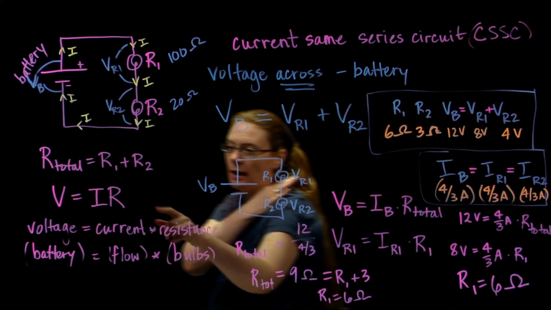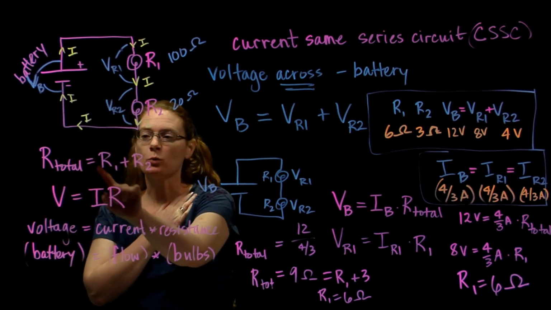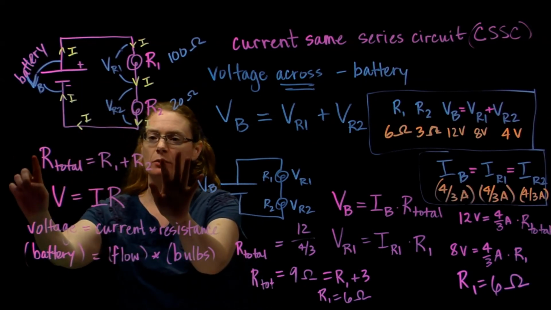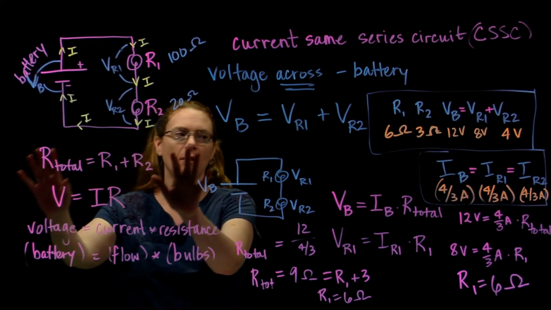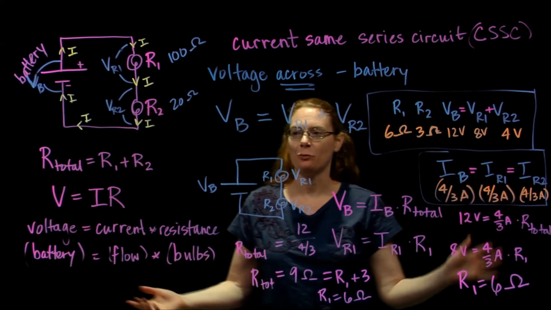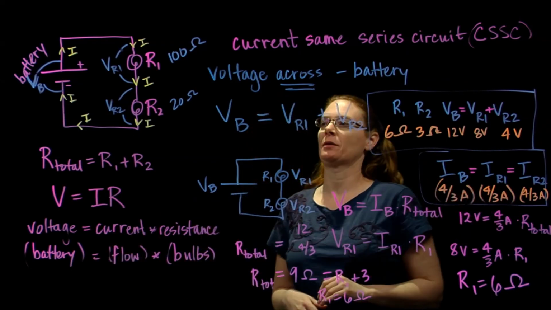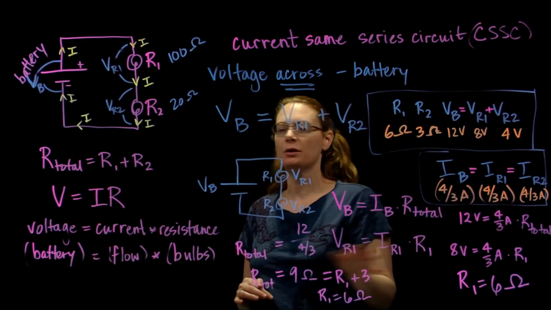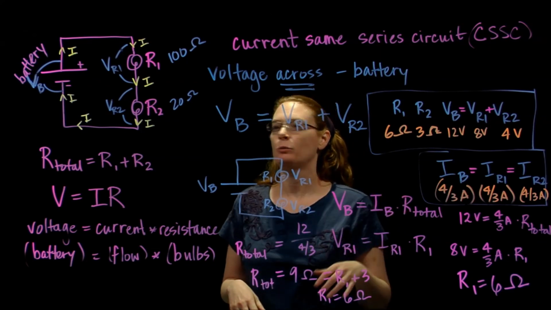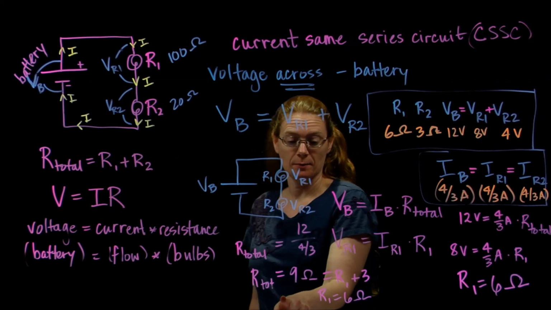And then you're going to end up using V equals IR, Ohm's law, as well as the rule about resistors in series to make sure that you can get every single piece of information that we need about this circuit. Now we know absolutely everything about the circuit. We know the current everywhere. We know the voltage across everything. And we know all the resistances, and in this case, we even know the total resistance.